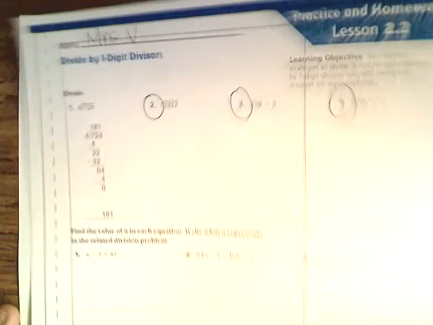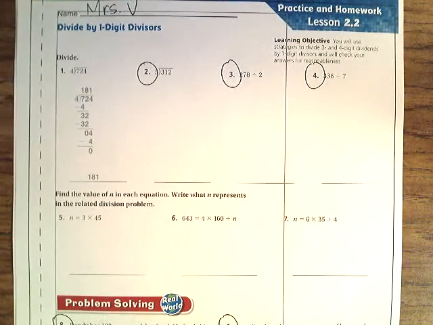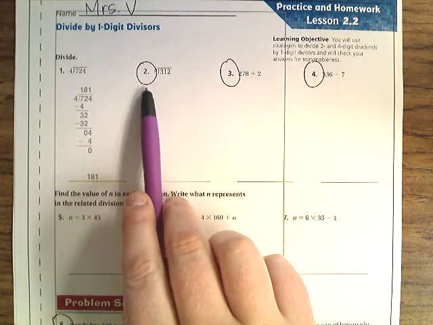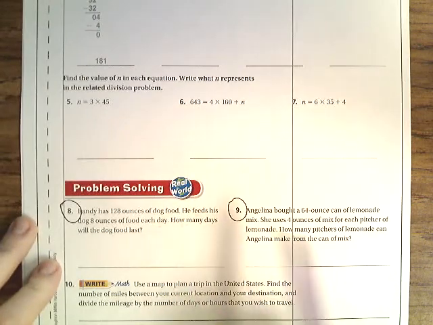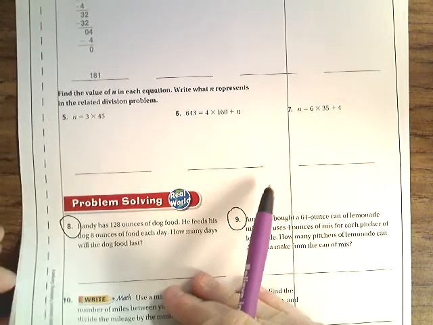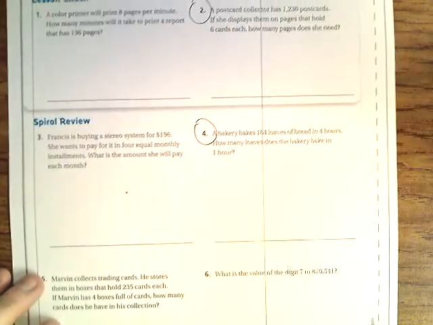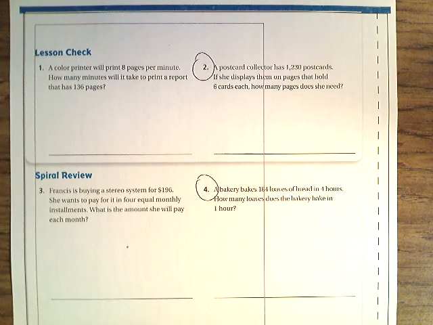So one more time, I want you to circle these if you did not the first time. If you have to pause it, go ahead. On page 97, you're doing numbers 2, 3, 4, 8, and 9. And then on page 98, you are doing numbers 2 and 4.